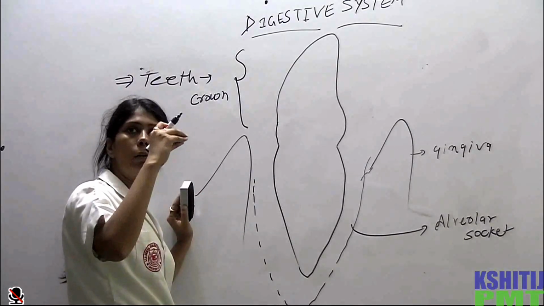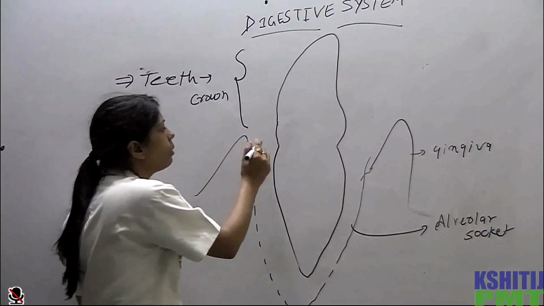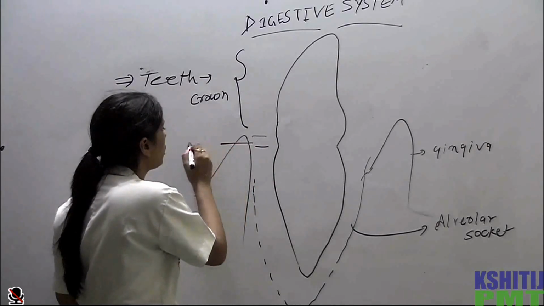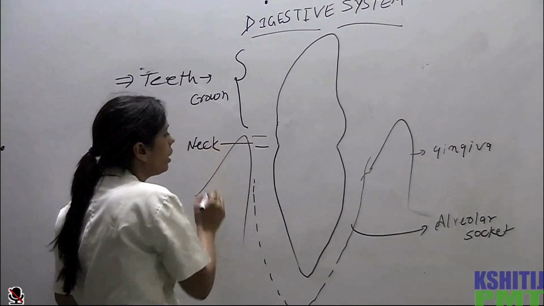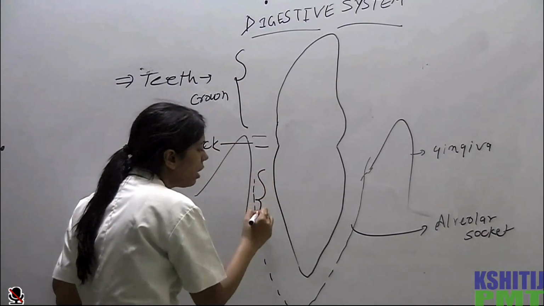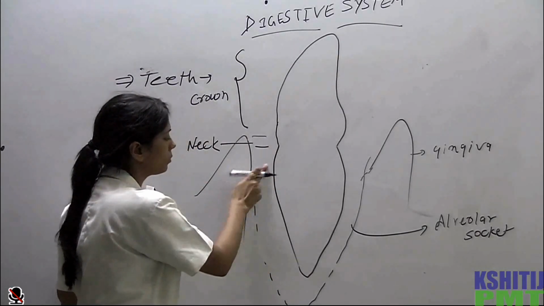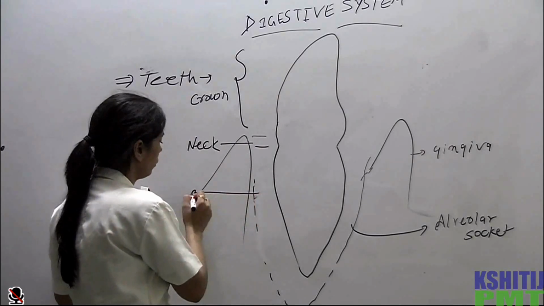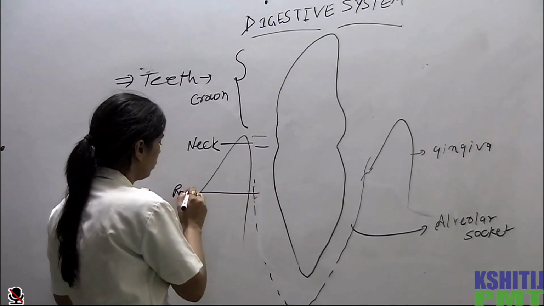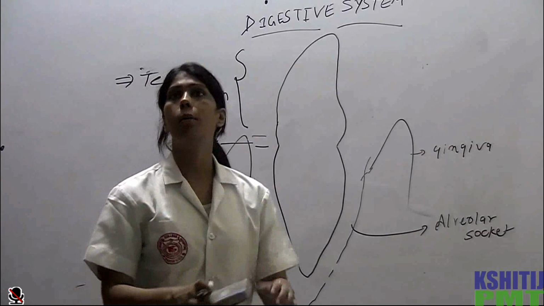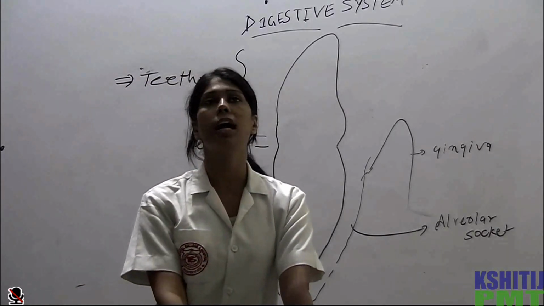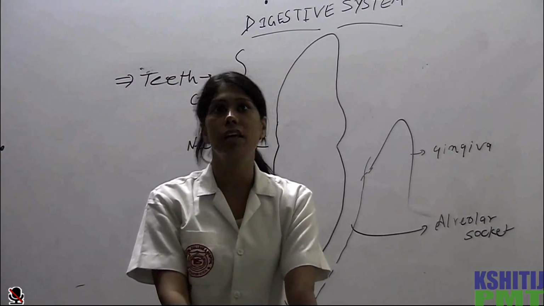Then this is just your neck, the white part which is embedded inside the gums. And below that we have root. So in short, our teeth is divided in 3 parts, that is crown, neck, and root.